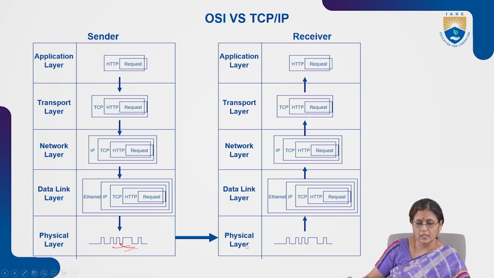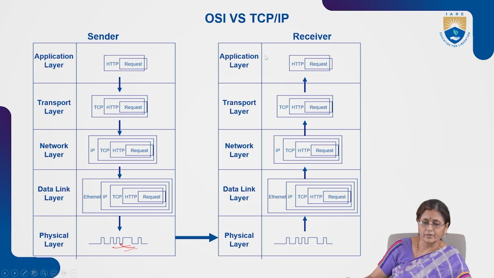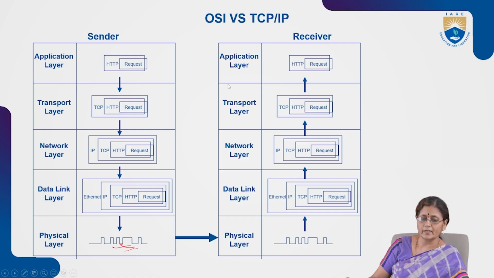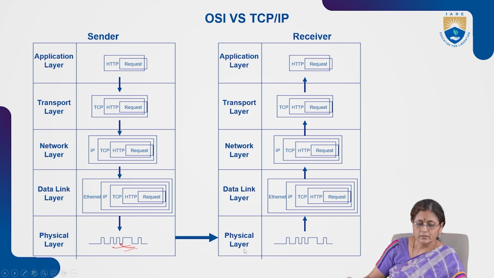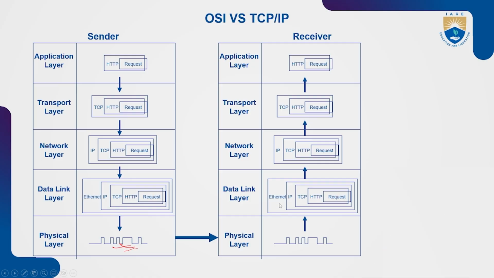Through the transmission channel, at the receiver end, we have another node or another host, which again has different layers. In the physical layer, whatever signal is there, in ones and zeros form, is converted and passed to the data link layer.